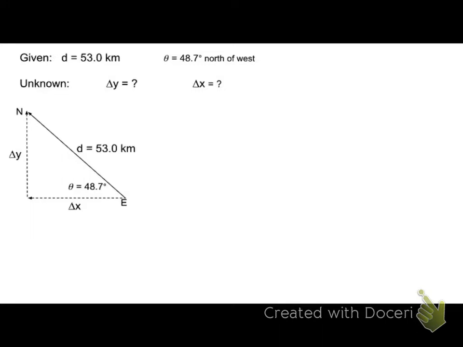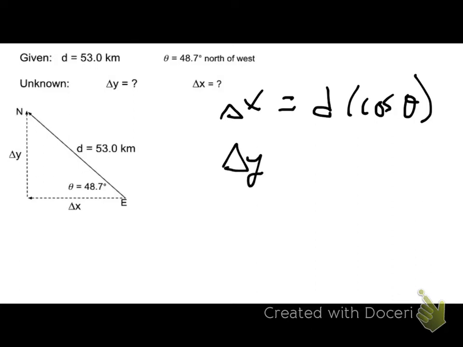The equations that you will wind up using will be that you can solve for delta x by using the hypotenuse times the cosine of theta, and you can solve for delta y by using the hypotenuse times the sine of theta.